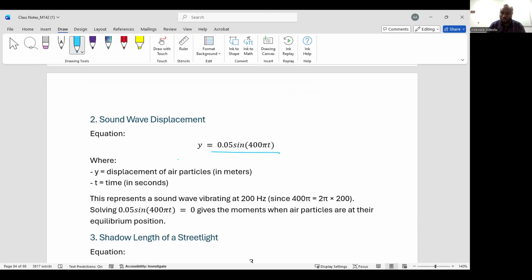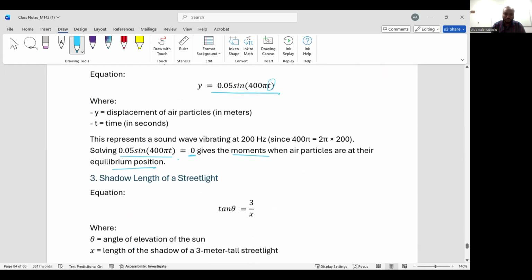Again, we can ask the question of time. For example, we can say solving this equation when it is equal to 0 gives the moments, that is the times, when air particles are at their equilibrium position.